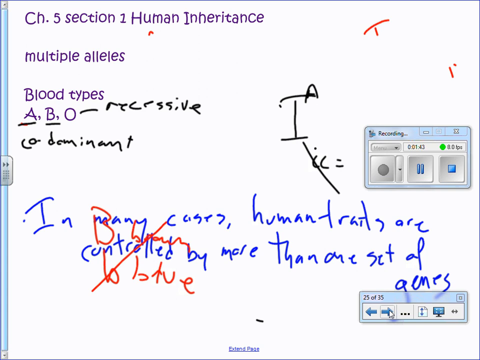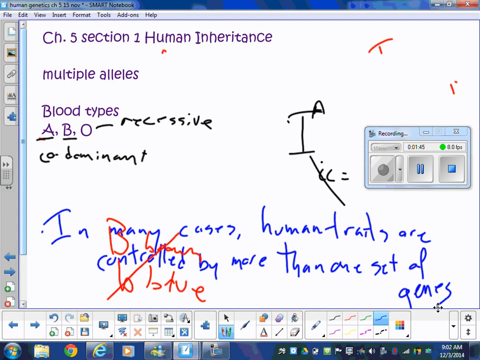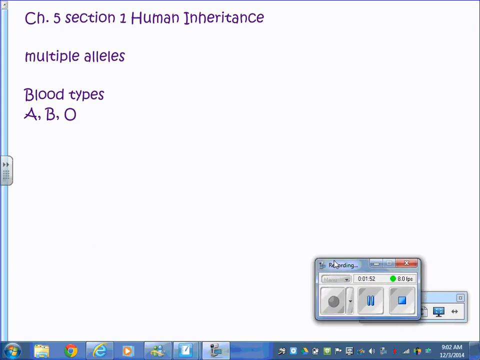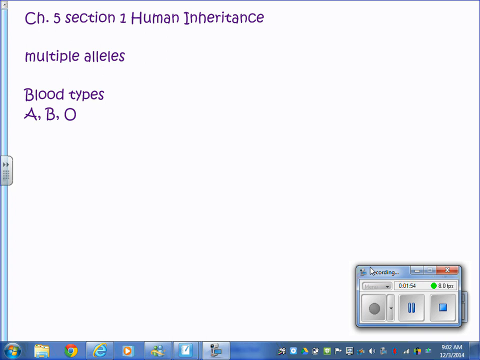Okay, so here we have the multiple alleles. Let's clear this off. All right, so multiple alleles, we've got blood types A, B, and O. And the way I like to describe it, what these blood types are is a random mutation that happened at some point that causes a protein on the outside of the red blood cell.